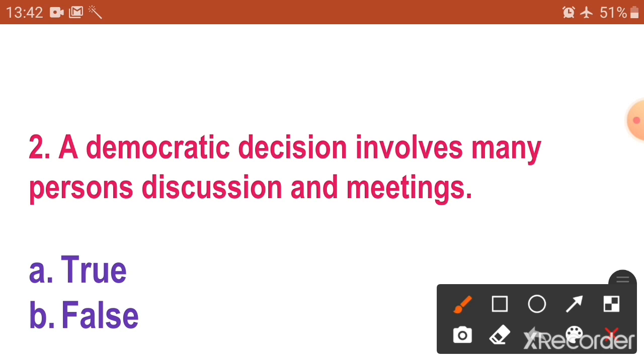A democratic decision involves many persons' decisions and meetings. We have studied this in Merits of Democracy. It is a true statement, so we'll tick option A, true. We'll move on to the next one.